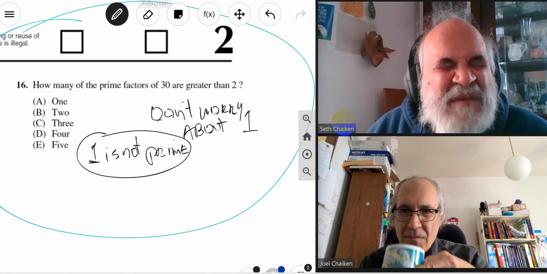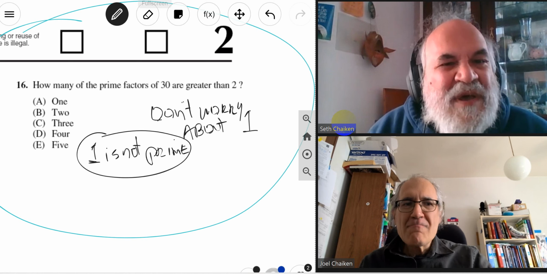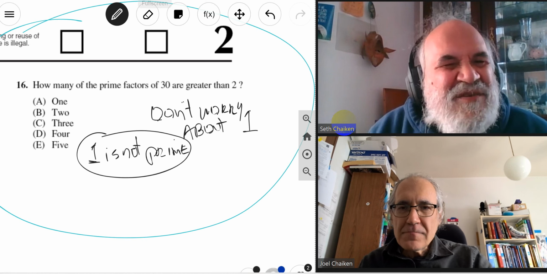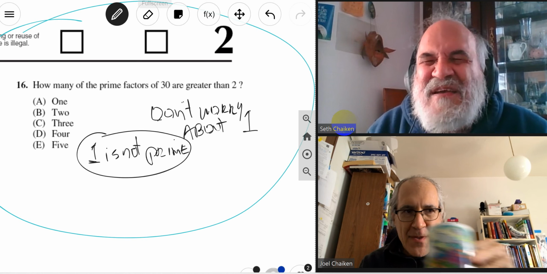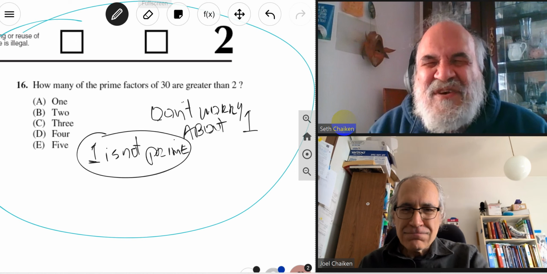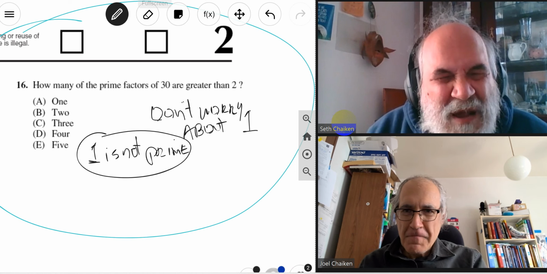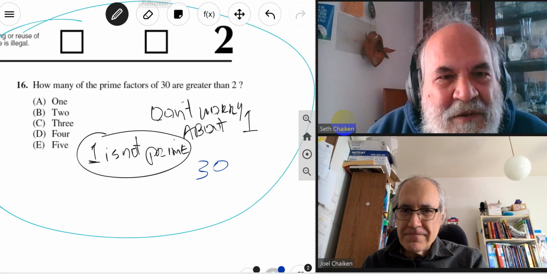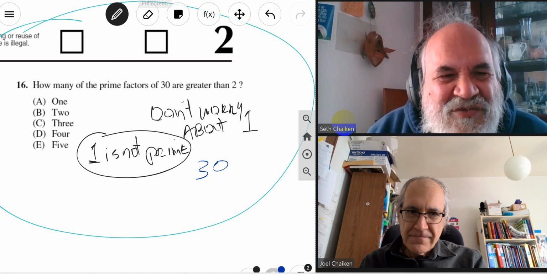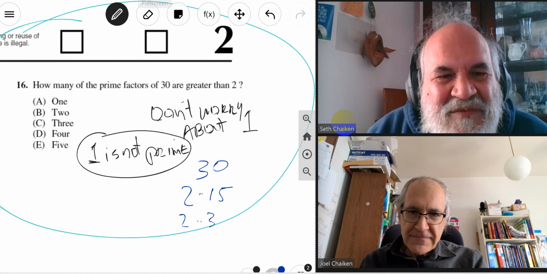Just find the prime factors of 30. The way you find the prime factors of anything is you factor like crazy until you're just left with prime factors. So, 30. You could factor it as 2 times 15. 2 is prime, but you could factor the 15 as 3 times 5.